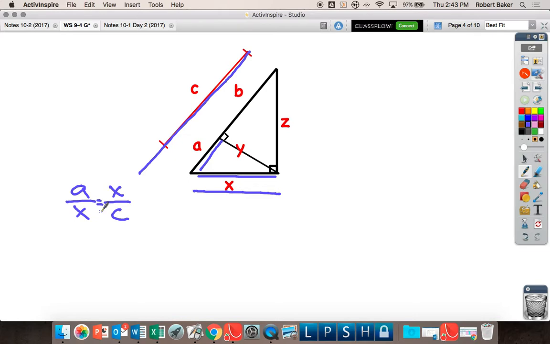So when you solve for a piece on the outside, it's small piece over x equals x over the whole thing. The reason people don't like this is I could say A over x equals x over A plus b. I know you don't like it, but it will happen. Could you then just change it to C? It happened on our homework.